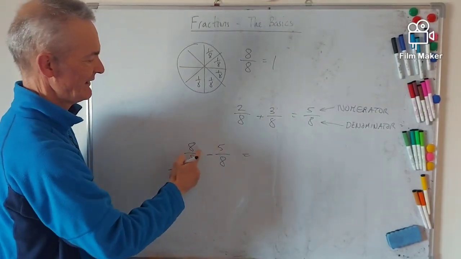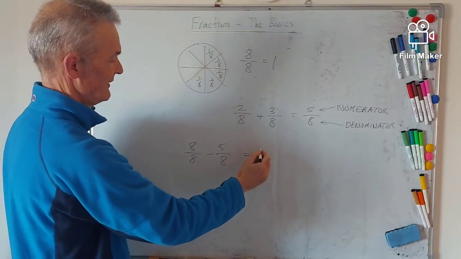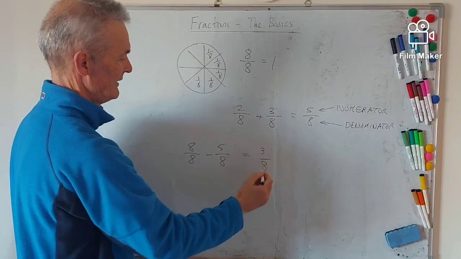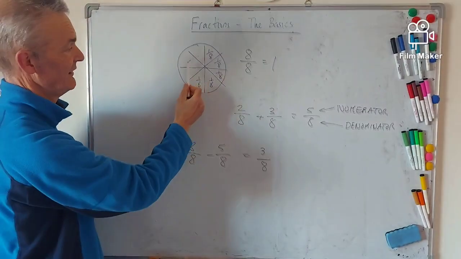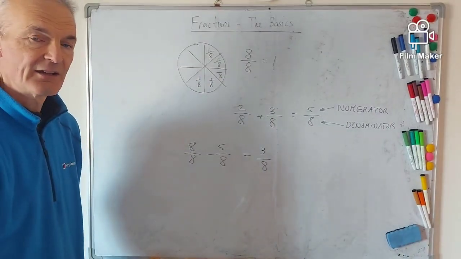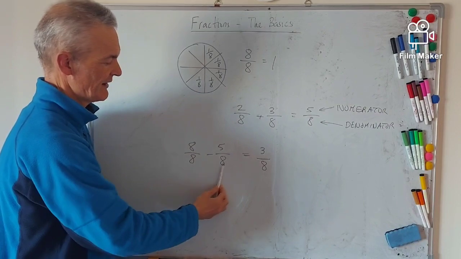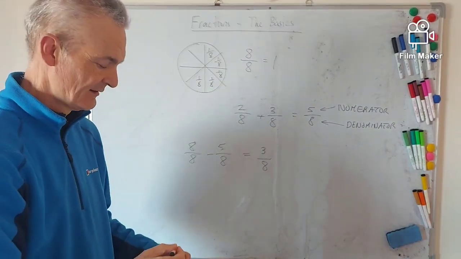Okay, so we're doing 8, now we've got to subtract in here. So 8 take 5 is 3/8. So what we're missing is 3/8, and you can see that 3/8 are there. So if we are subtracting, and the denominators are the same, we just subtract the numerators.